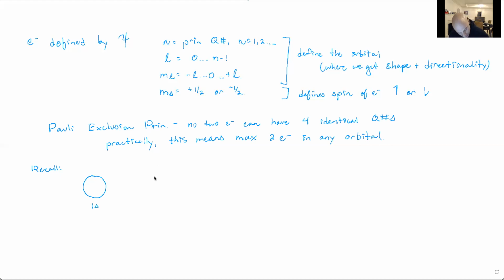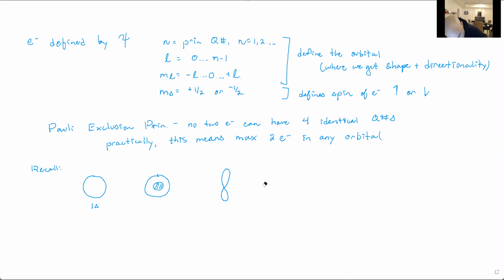Okay. The second was the 2s orbital. And then the third type of orbitals, of which there were three, were those 2p orbitals that we looked at. So let's see if I can erase that. Okay, so draw.